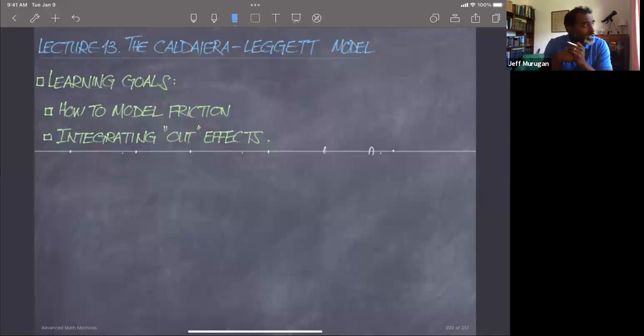So we've actually learned something about friction, and you will have learned something about friction in your first year physics course, for example, where you would have learned about, let's say, air friction, a particle moving through some medium like air. It experiences a drag force. And you will have learned that this drag force is proportional to the velocity of the object.